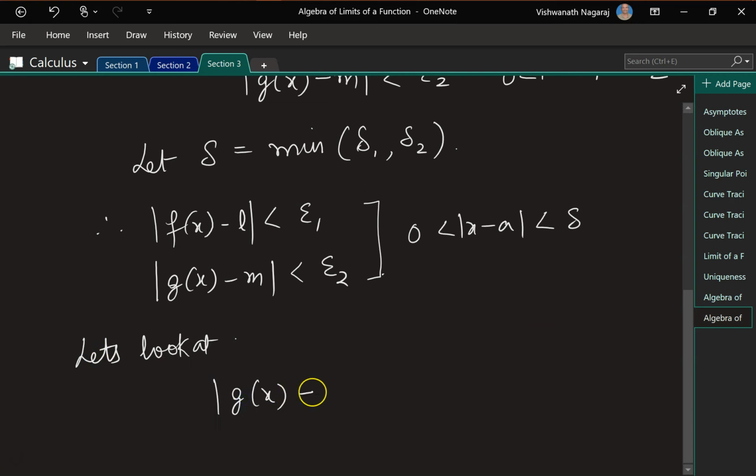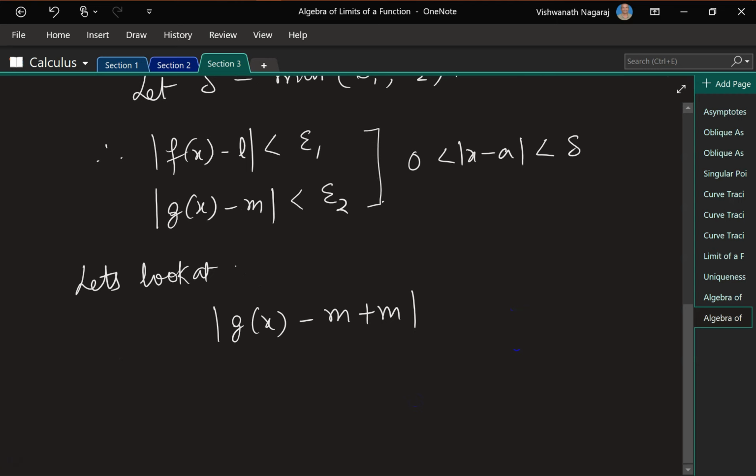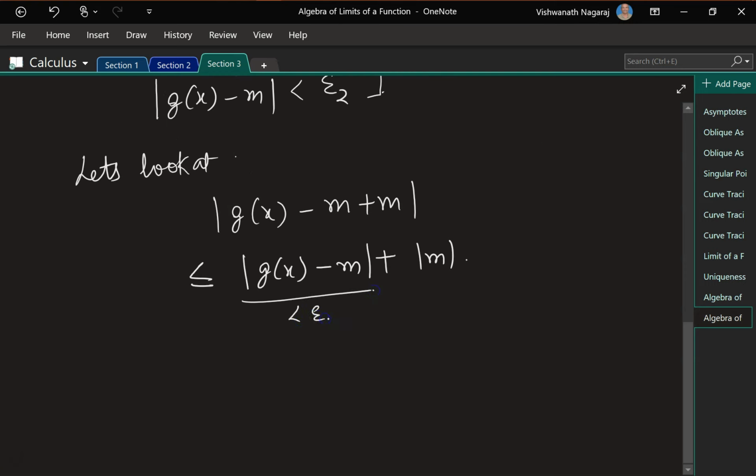We can write g of x as g of x minus m plus m. These two cancel out, so we still end up with g of x itself. So no issues. We can split it up as less than or equal to, remember the triangle inequality, the absolute value of g of x minus m plus the absolute value of m. The first term is less than epsilon 1.